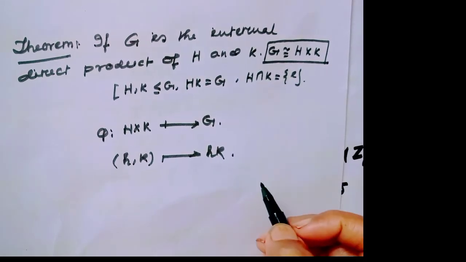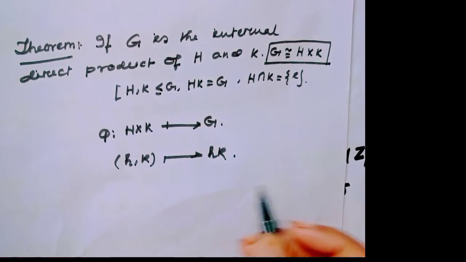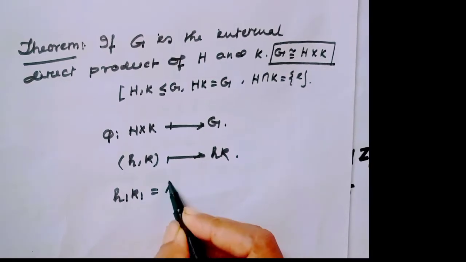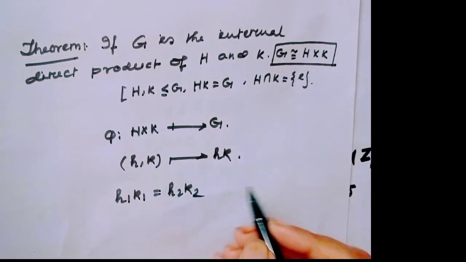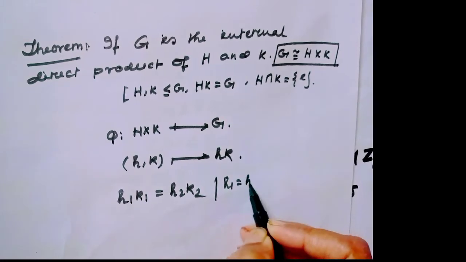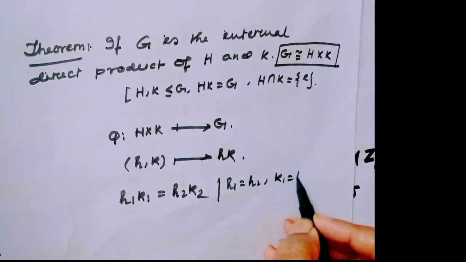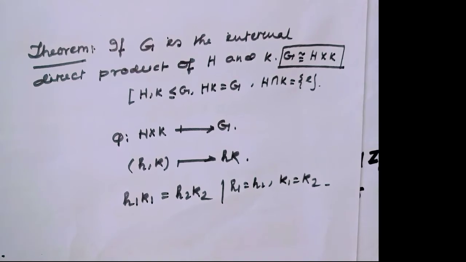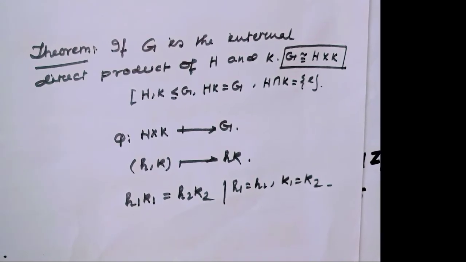At first we have to prove this mapping is one-to-one. Consider h1 k1 equal to h2 k2. We have to prove h1 equal to h2 and k1 equal to k2. For this proof, what will we do? Just think.